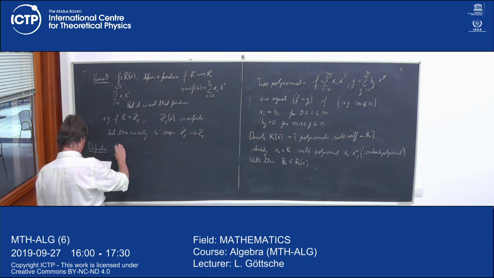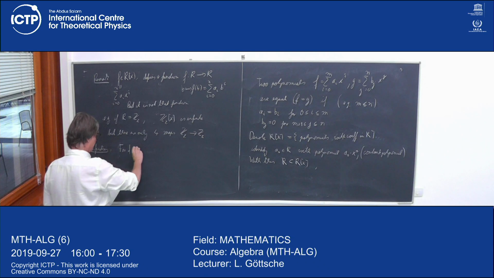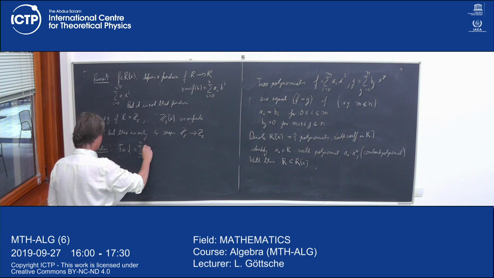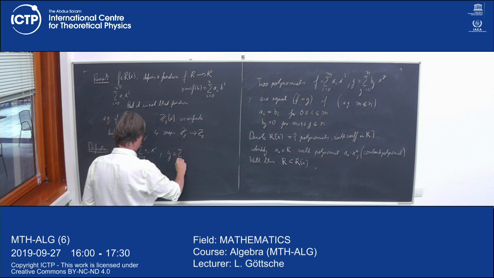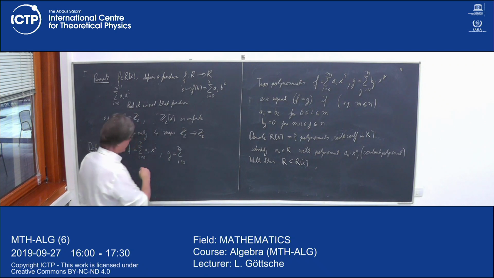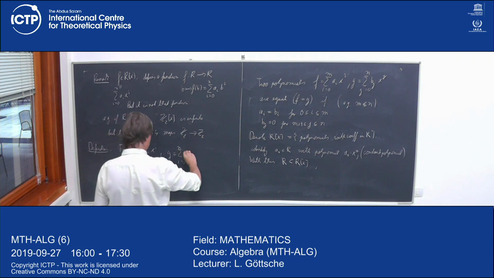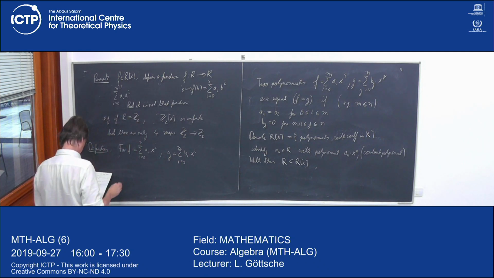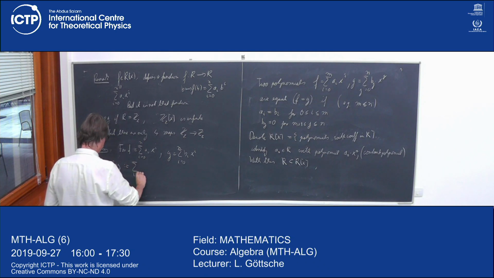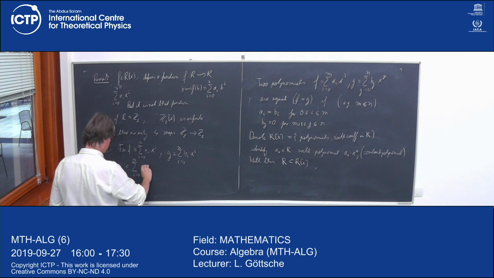So the ring structure is: for f, say, equal to the sum i=0 to n of a_i x^i, and g equal to the sum i=0 to n of b_i x^i, I can take the same n, because I can add zeros, f plus g is defined to be the same sum, and I just add the coefficients.